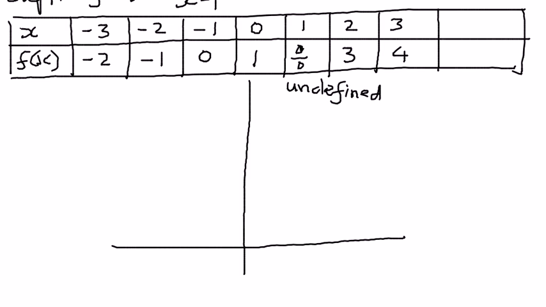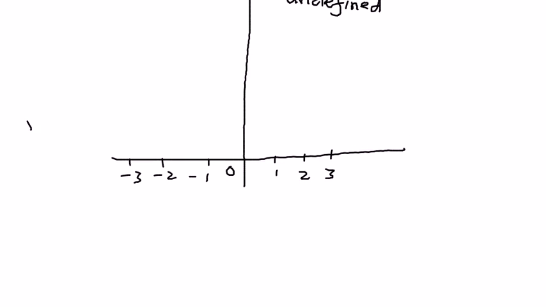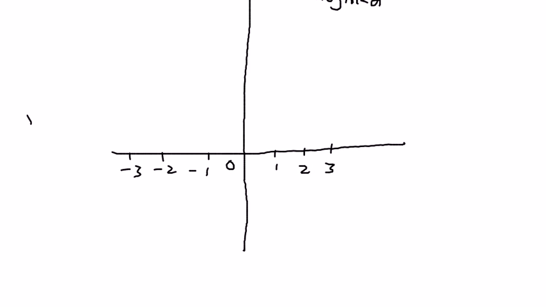If we call this the origin, and pick some points on the positive x-axis, 1, 2, 3, and on the negative x-axis, negative 1, negative 2, negative 3, and then some points on the positive y-axis as 1, 2, 3, and 4, and on the negative y-axis as negative 1, negative 2, negative 3, like that.